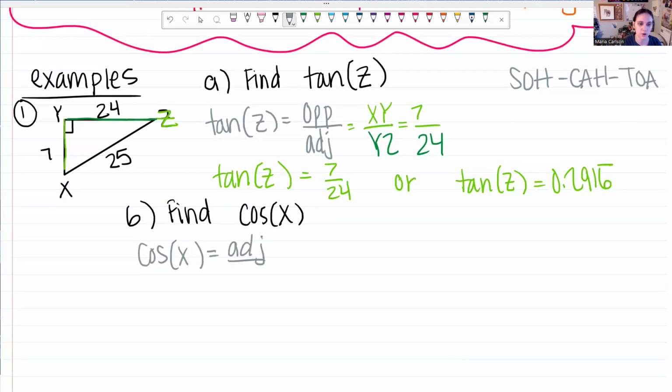So if I look at angle x here, the adjacent side right next to it would be 7, not the hypotenuse. The hypotenuse itself is 25. So 7 over 25 is the value of cosine of x, or I could say that cosine of x is equal to 7 divided by 25, which is 0.28.